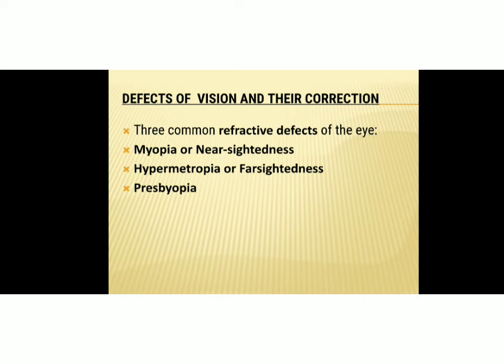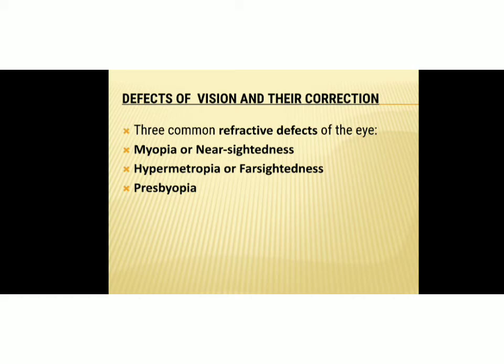Now, we said that for a normal eye, the near point is 25 centimeter and the far point is infinity. But there are human beings whose near point is less than 25 centimeter or greater than 25 centimeter. Or there are some human beings who find difficulty with the far point of their eye.